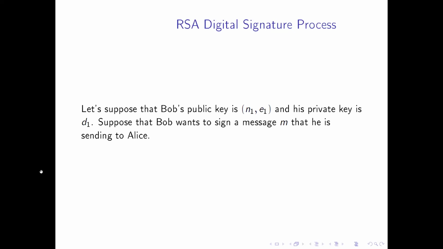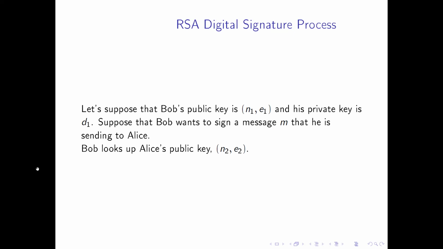So how does that work for RSA signatures? Well, it actually starts very similar. Bob has a public key. We're going to call it N1, E1, because they're both going to have public keys, and a private key D1. Bob wants to sign a message M that he is sending to Alice. So he looks up Alice's key, which is some other N and E. We'll call them N2, E2.